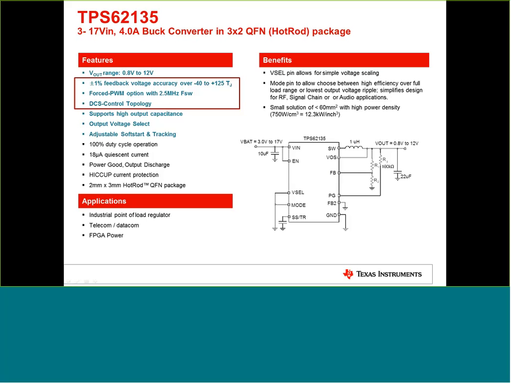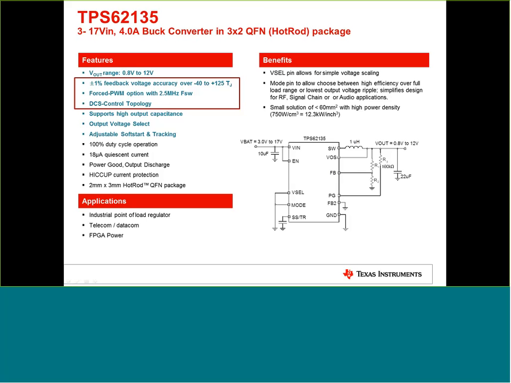The second thing is we have a mode pin, so we can force the device into forced PWM operation with a high frequency of 2.5 megahertz. This device also uses the DCS control topology, which helps to get really good transient performance.